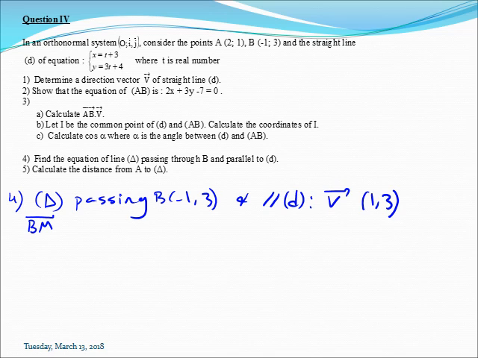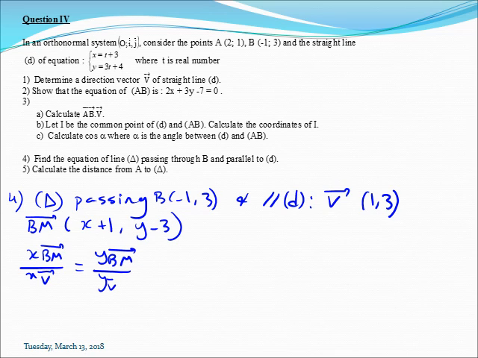Find BM: BM is (x plus 1, y minus 3). x of BM over x of V equals y of BM over y of V, so x plus 1 over 1 equals y minus 3 over 3.